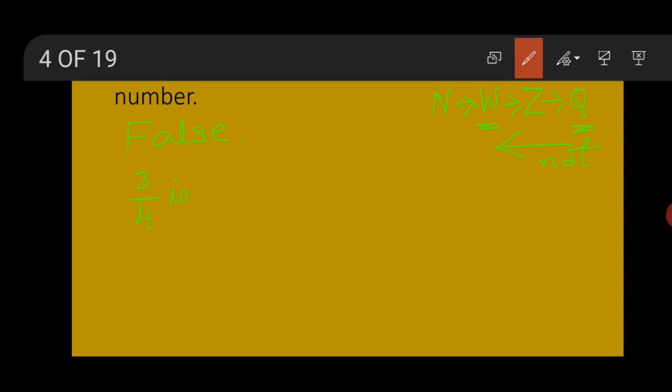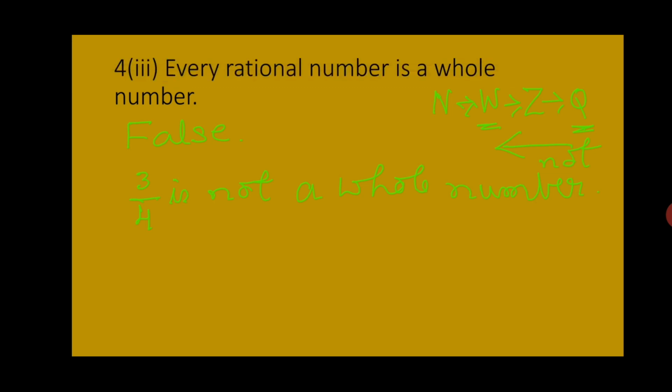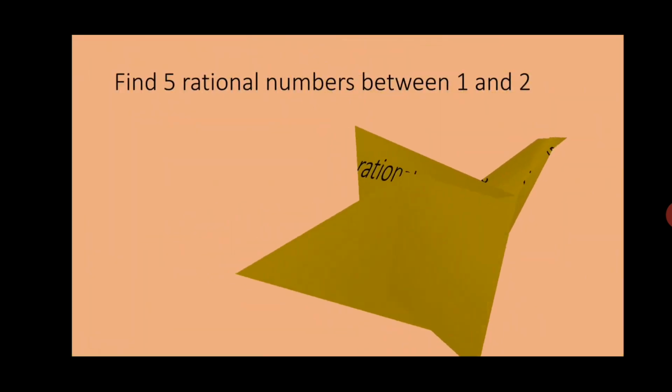Rational numbers such as 3 by 4 are not whole numbers. You can take other examples also, any number in P by Q form, right?